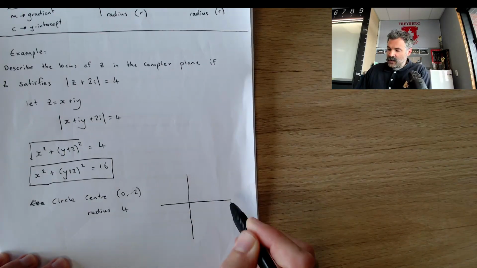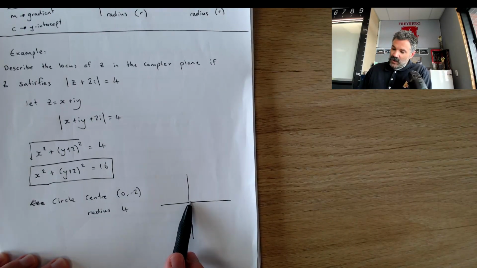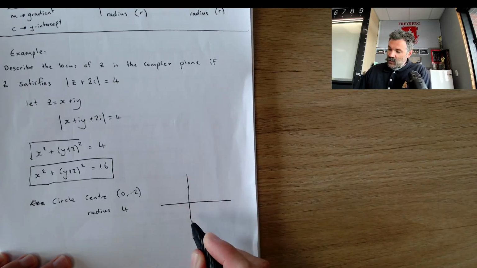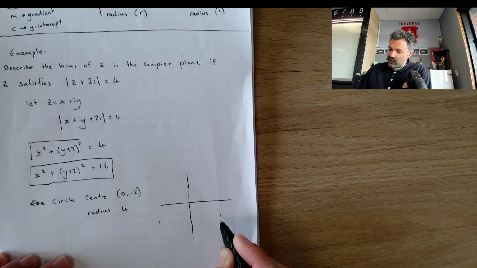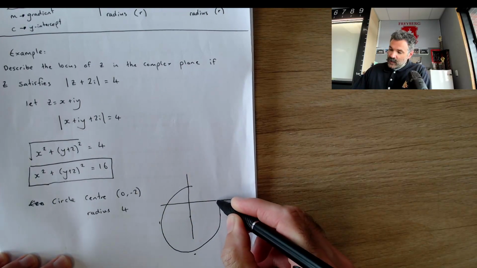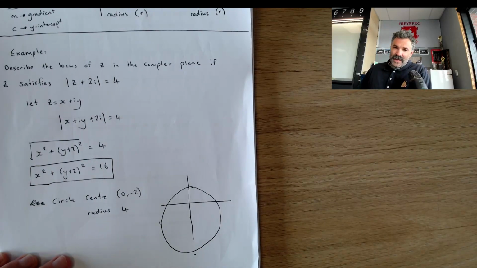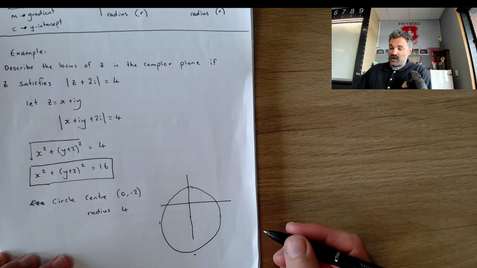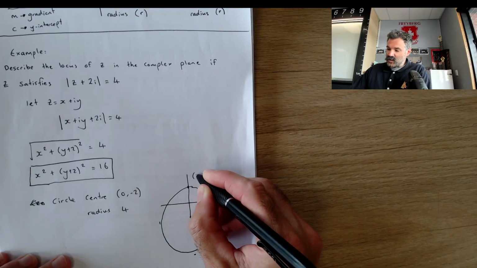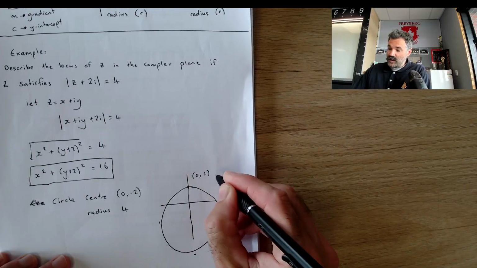Here's my circle. The center is 0 but down 2, so we're here. Radius is 4, so we're going up to 4 over here, across to 4 over here, across to 4 over here, down to -6 here. We draw our circle. It turns out if I pick any point on this circle, so you could pick an easy one, maybe up here, which is x equals 0, y is equal to 2.